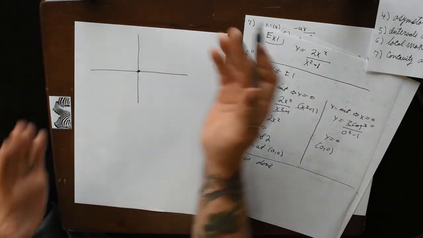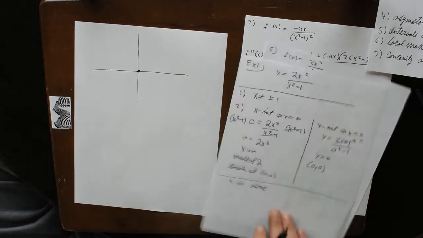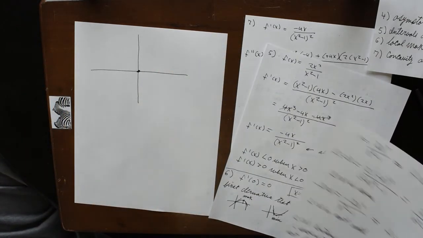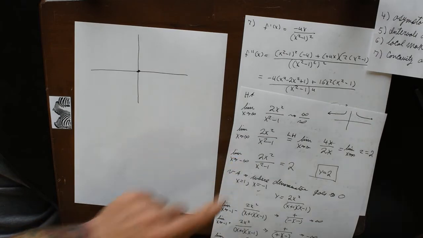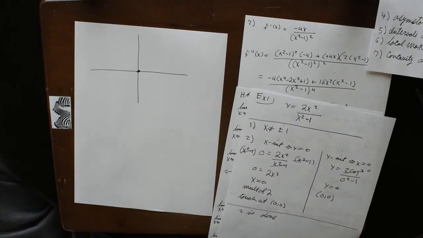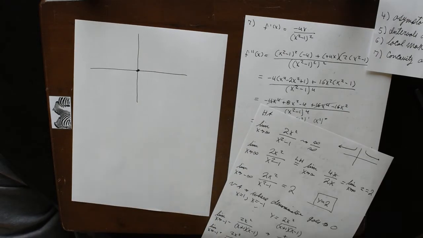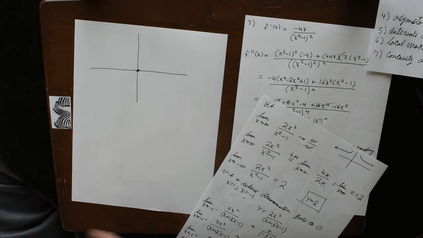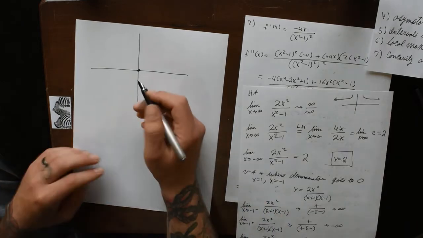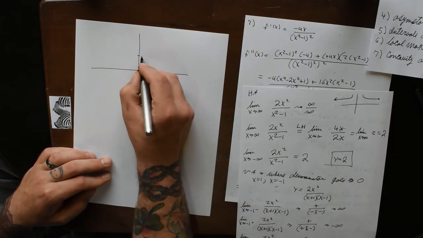What is 1 good for? 1 lets you know where you should be graphing. Knowing the domain also helps you when you go back to 3. When you're talking about horizontal asymptotes, your domain also helps you there. So that's 2, our horizontal asymptotes, and we'll use evenness in a second.